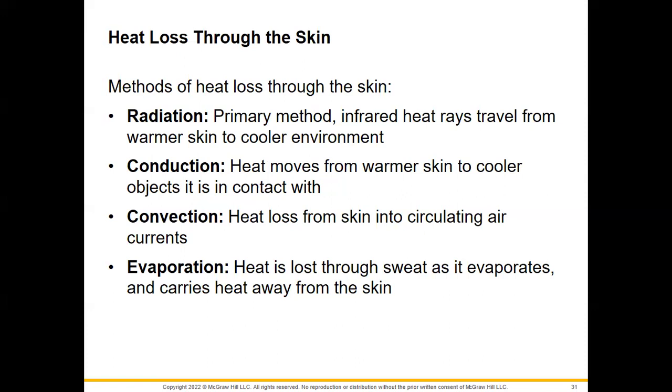And if it's still a little bit hard to understand, make sure that you are looking for online videos that explain the difference between the four to help you understand them better. So, four different types of heat loss. You have radiation, conduction, convection, and evaporation. Radiation is going to be the primary method of heat loss in the body.